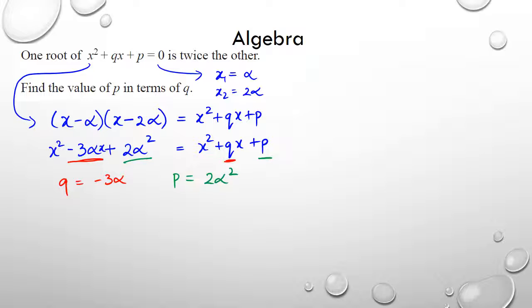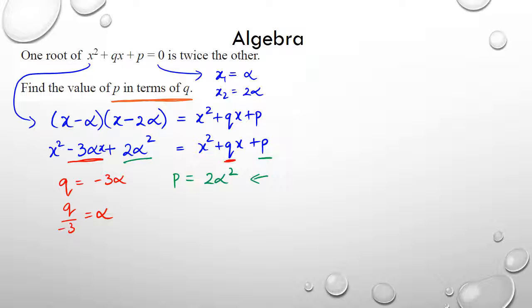Now the question is actually asking you to write p in terms of q, so obviously I'm looking at this equation here and I want to get rid of alpha. So I'm going to go back to my q equals minus 3 alpha and rearrange it. So I'm going to get q divided by negative 3 equals alpha.